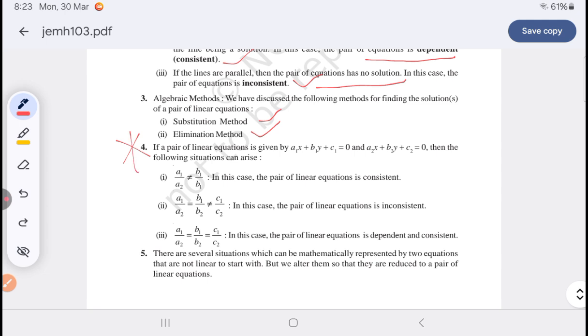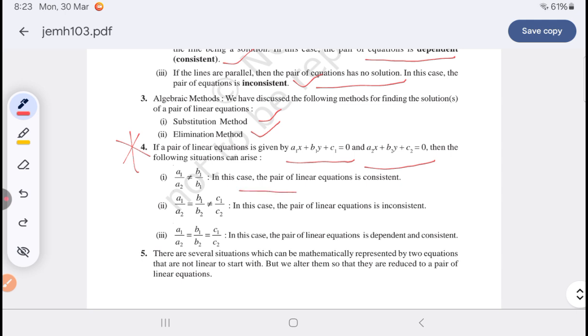If a pair of linear equations is given by a1x plus b1y plus c1 equal to 0, and the second equation a2x plus b2y plus c2 equal to 0, then the following situations can arise. First, a1 divided by a2 not equal to b1 by b2.